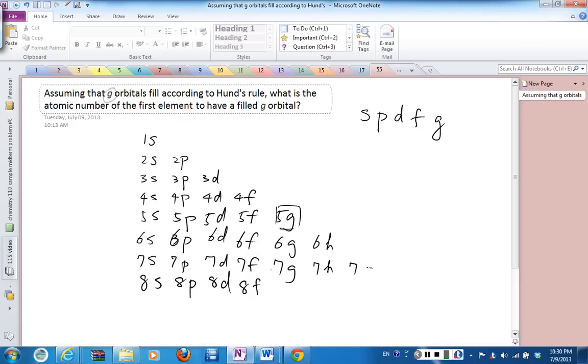The way we use this diagram to determine the order of energy level is that we draw diagonal arrows one after another.